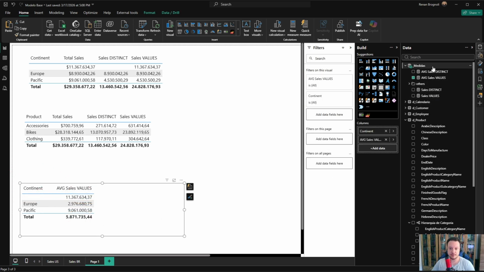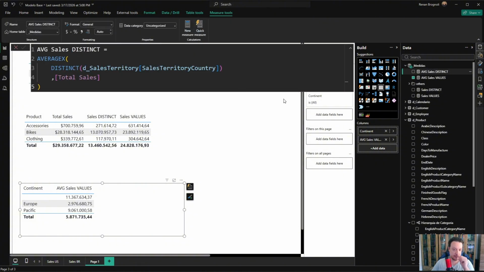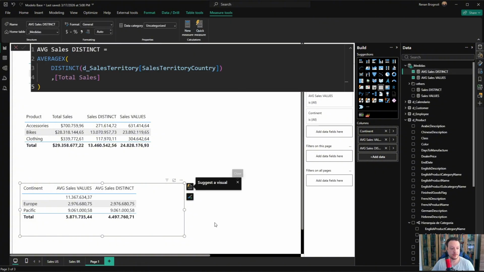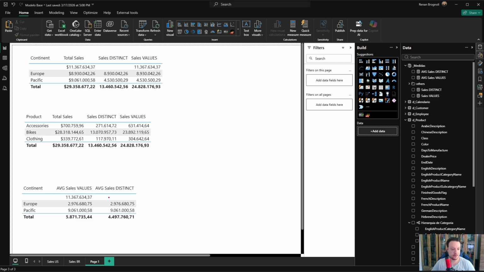If we use distinct, it's the same logic, but with distinct. It will exclude the blank values, and we will have a proper average, because for this, we want to have an idea of the average sales for each country. So we should only consider one country at a time.